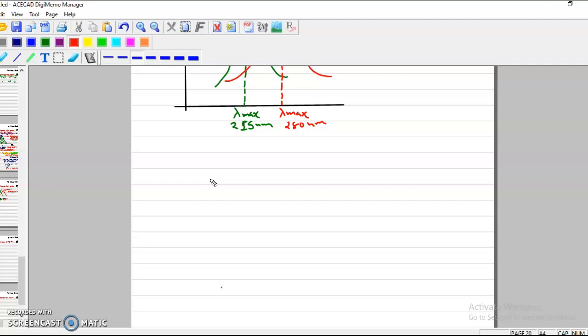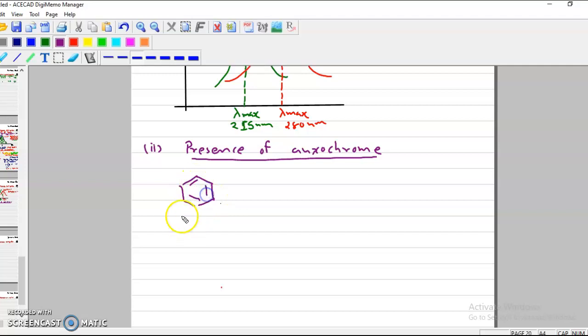Similarly, the second reason is the presence of an auxochrome. Sometimes an auxochrome enhances the color, and that is why wavelength also increases. Let us see this one: benzene. Its lambda maxima is about 255 or 256 nanometer.